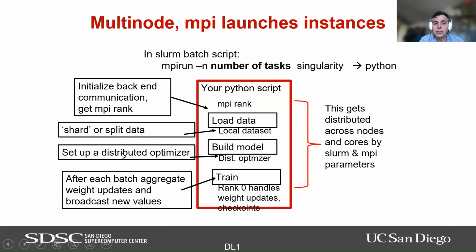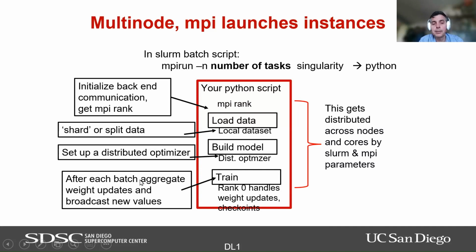And then you're going to set up a distributed optimizer. Again, this is a Horovod function, and instead of having a regular optimizer in your model, it's going to wrap around that optimizer with a distributed optimizer. Then in your training, there's going to be a batch aggregate.